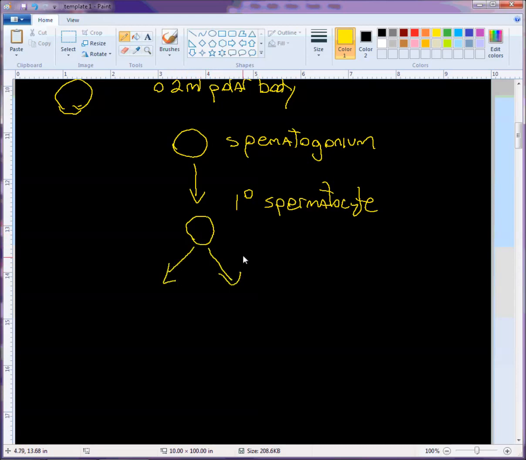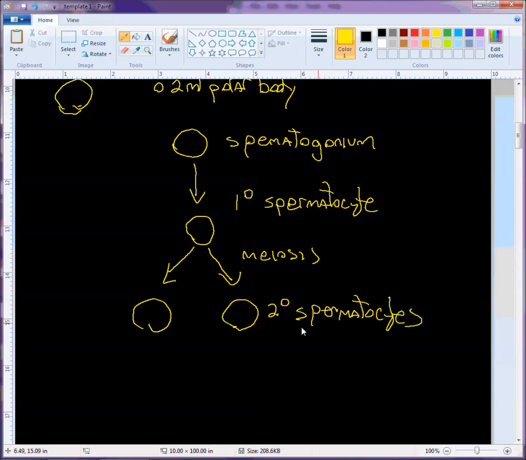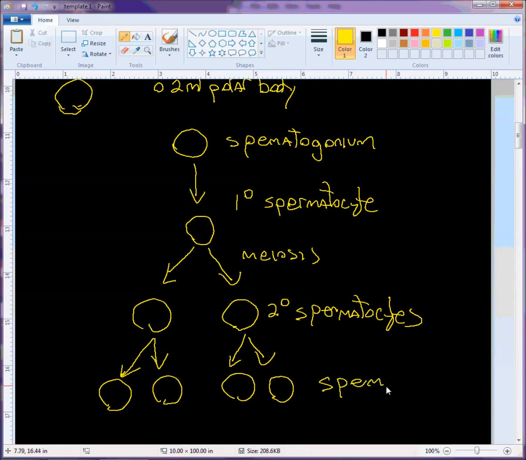Which is going to divide through meiosis 1 to make the secondary spermatocytes, 2 of these, which are going to divide through meiosis II to make the spermatids. And then those will develop to make the spermatozoa. And I won't draw those.